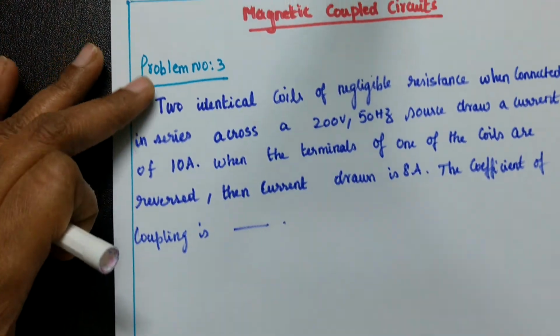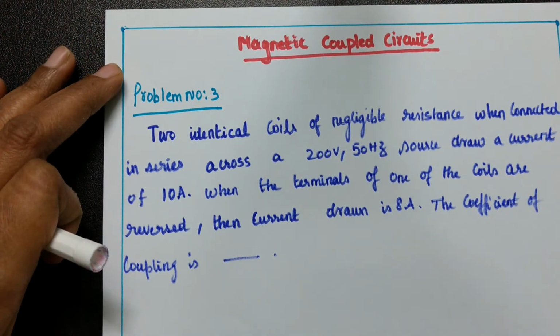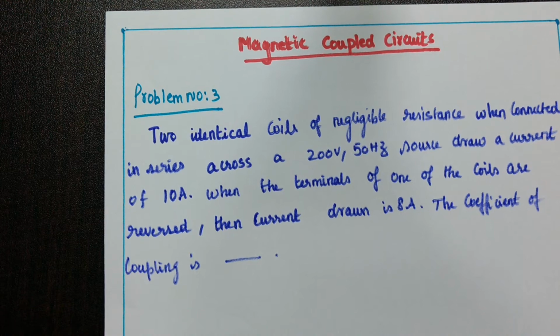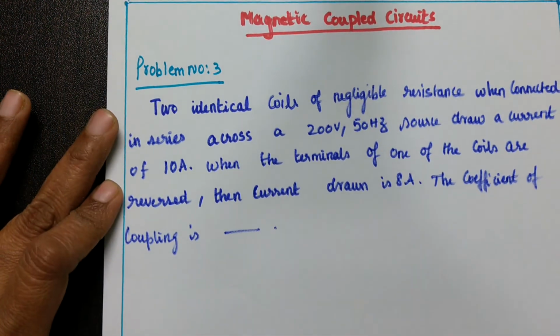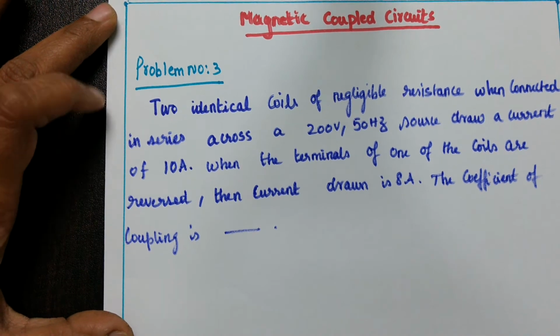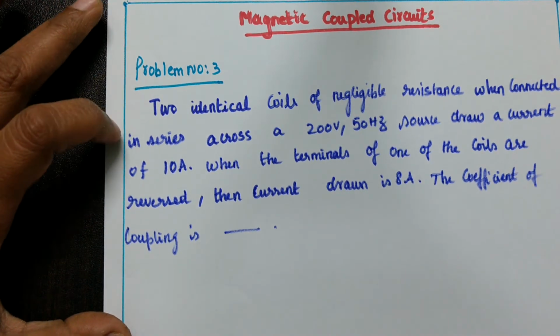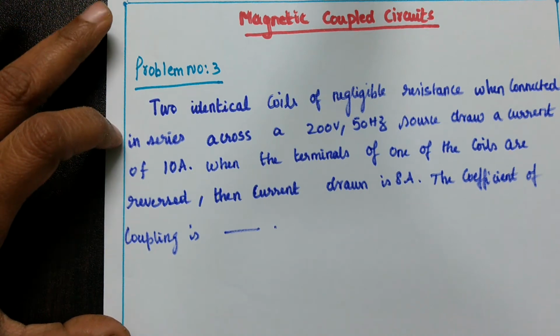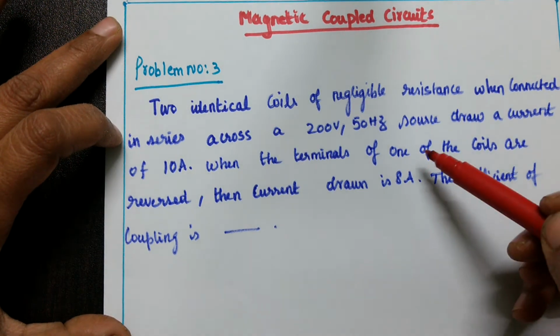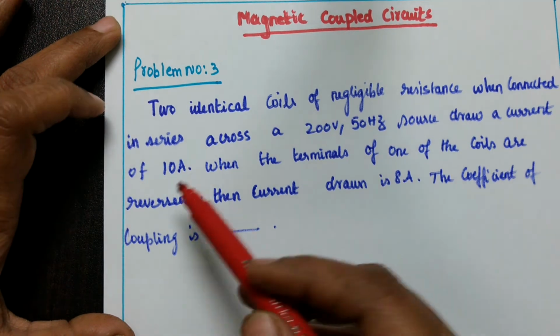And let me solve this third problem. This was also given in the year 2005 or so, but it is an important problem. Problem number 3: two identical coils of negligible resistance, when connected in series across a 200 volt 50 Hz source, draw a current of 10 amps.